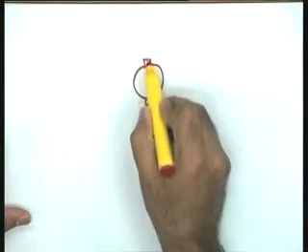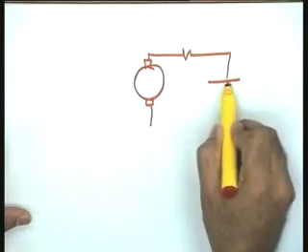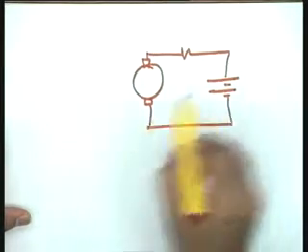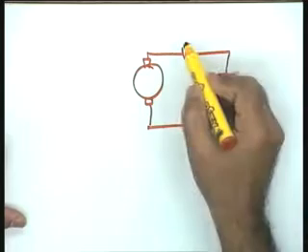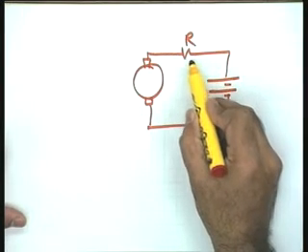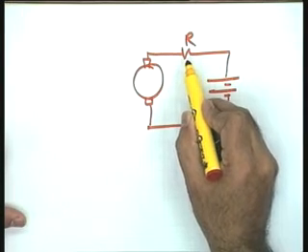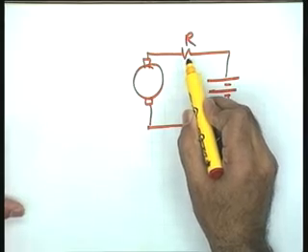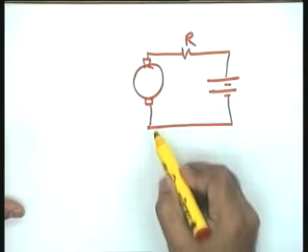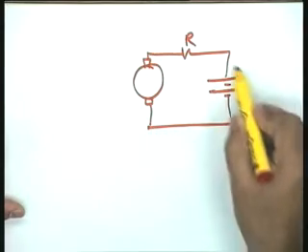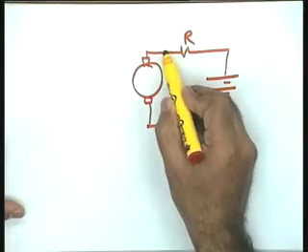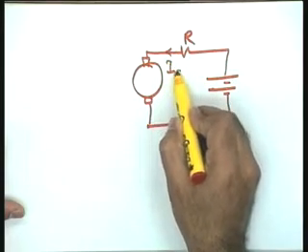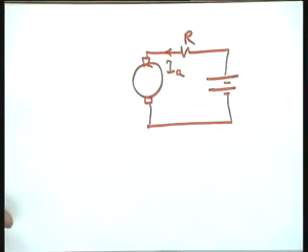You can keep the armature current constant by using a high constant voltage source. If the resistance of this circuit R is reasonably larger than the resistance of the armature circuit and this voltage source is high, in that particular case please note that your IA is more or less constant.